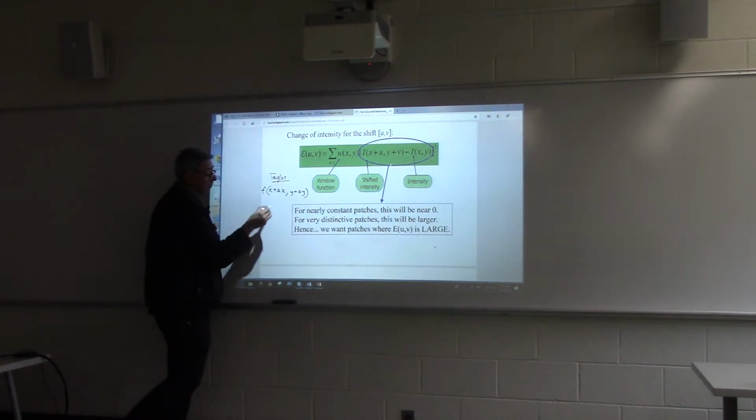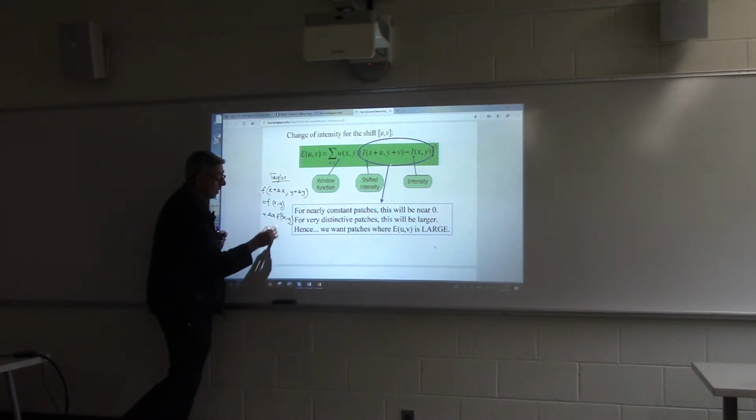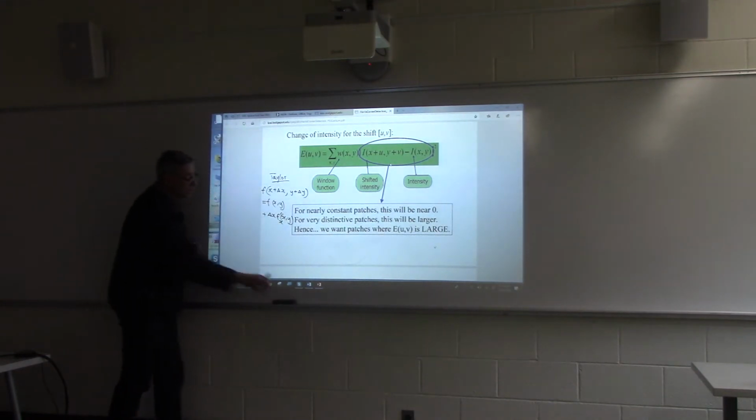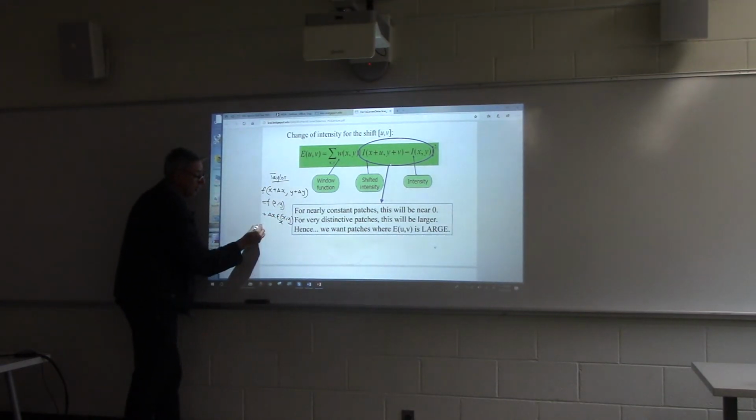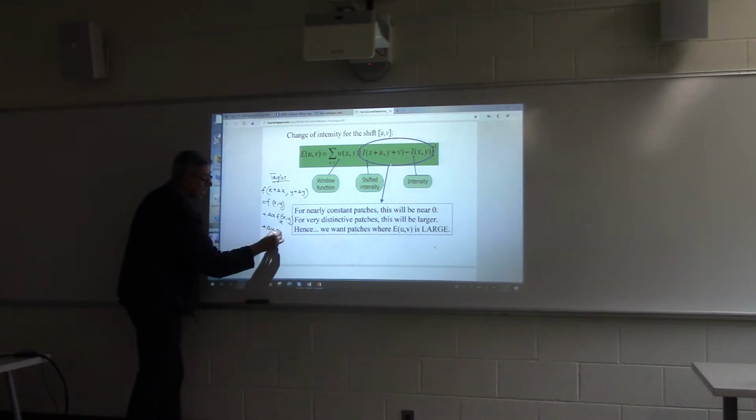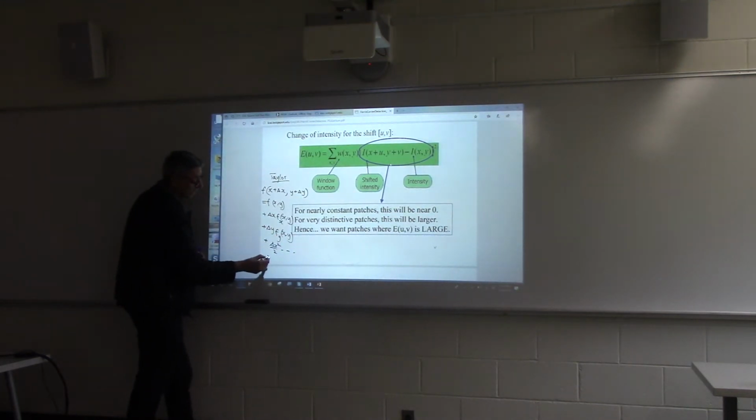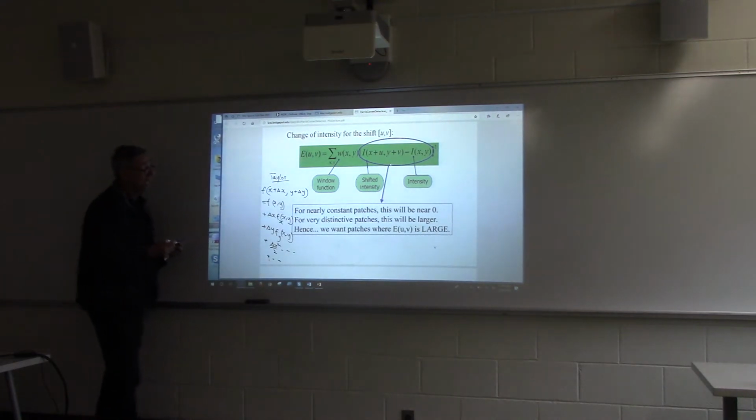The value of the function, just delta x, delta y away, can be approximated as f(x,y) plus delta x times f prime with respect to x, or let me just call it f_x, plus delta y times the derivative with respect to y, right? And the same way we can go delta x squared over 2, second derivative, and so on.